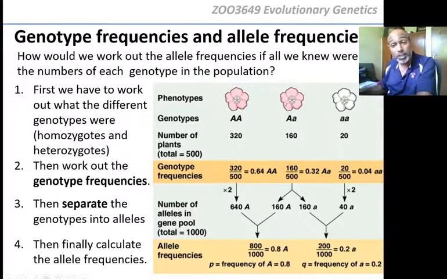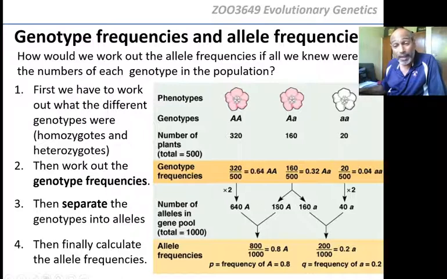We want to take all the big A's out of this genotype. How many big A's are there in this genotype? There are 160 individuals. Each one has 2 alleles. But in the heterozygote, only one of the 2 alleles is the big A. The other one is the small a. So you don't have to multiply by 2. You just take the 160. Right. So here, you've taken the 160 of the big A, and you add it to the 640 of the big A from here.